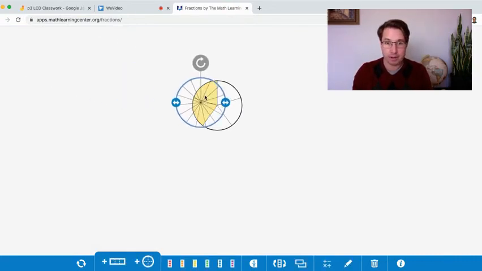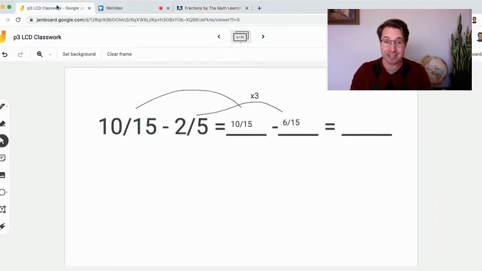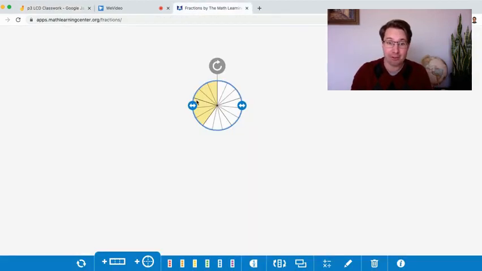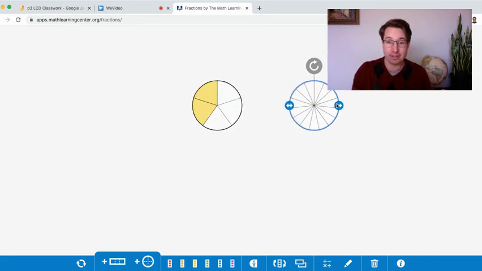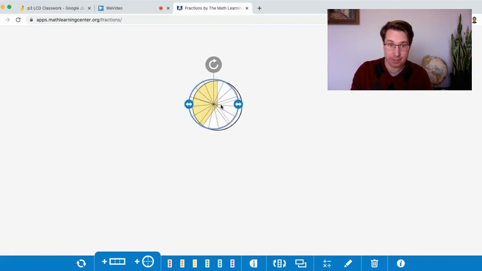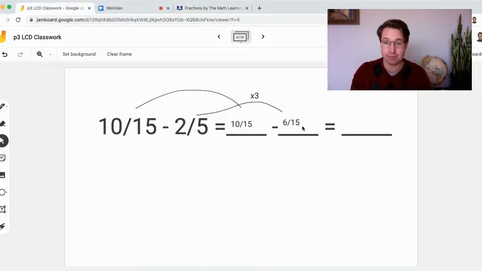Bring that over, and you can actually see how each slice is now sliced. When we say times 3 means that we're making 1 into 3. Okay, so 1 of the fifths is now 3. So we can count them 1, 2, 3, 4, 5, 6. Look, 2/5 is equal to 6/15. Okay, that's proof. 6/15.